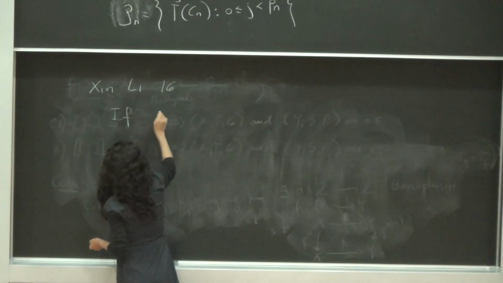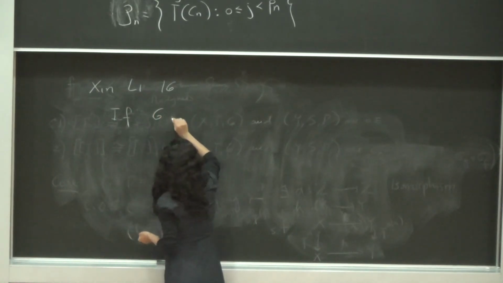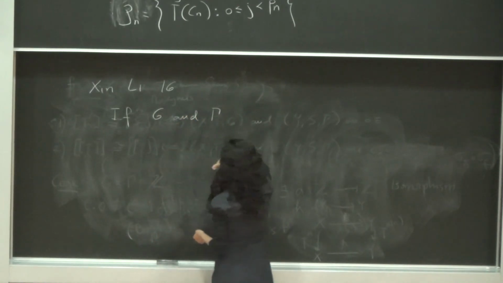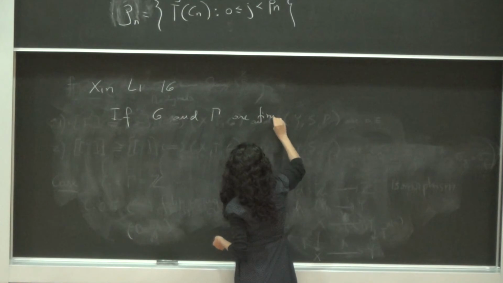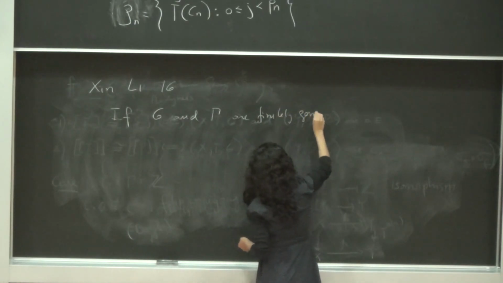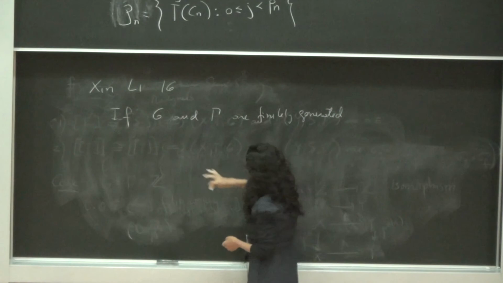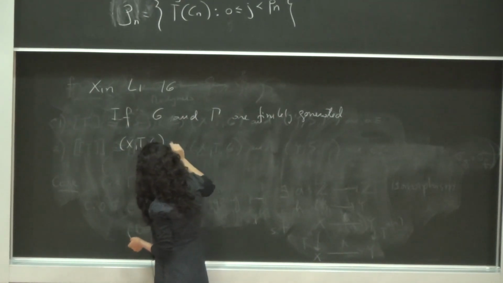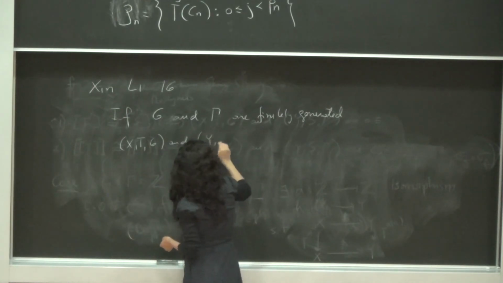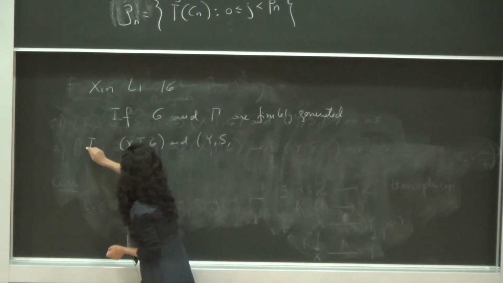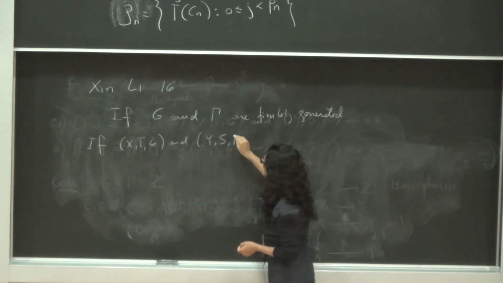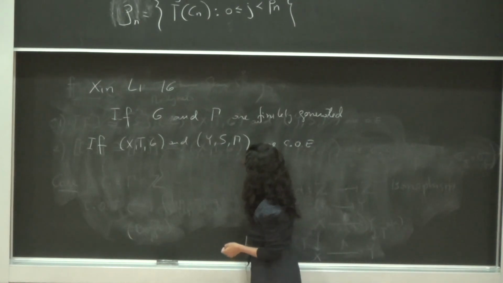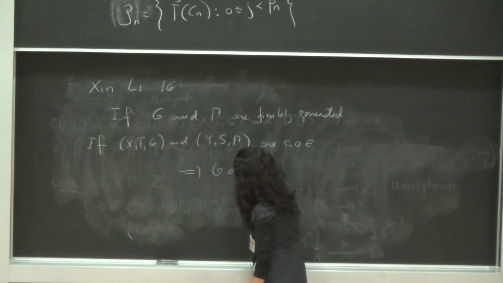If G and gamma are finitely generated, and they have actions which are continuous orbit equivalent, then the groups are quasi-isometric.